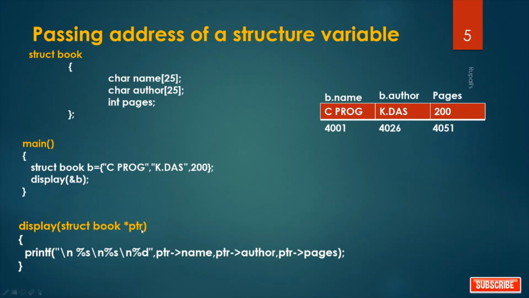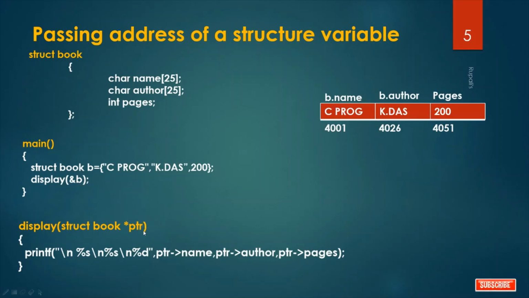I repeat, ptr can hold the address of type struct book. So address of b means I am sending the base address of the structure, 4001. So here you have to declare struct book star ptr.